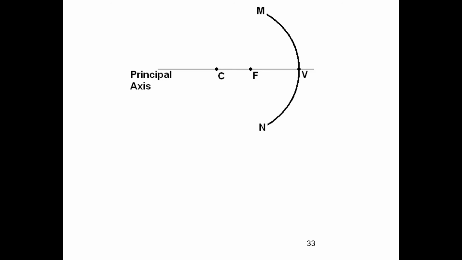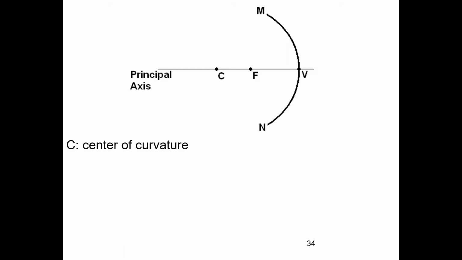So they're curved inwards. Think of them like a cave. Think of the word cave. So remember that these are the ones that are curved inwards. The C along the principal axis, which is that line running from the middle of the mirror backwards, is the center of curvature.